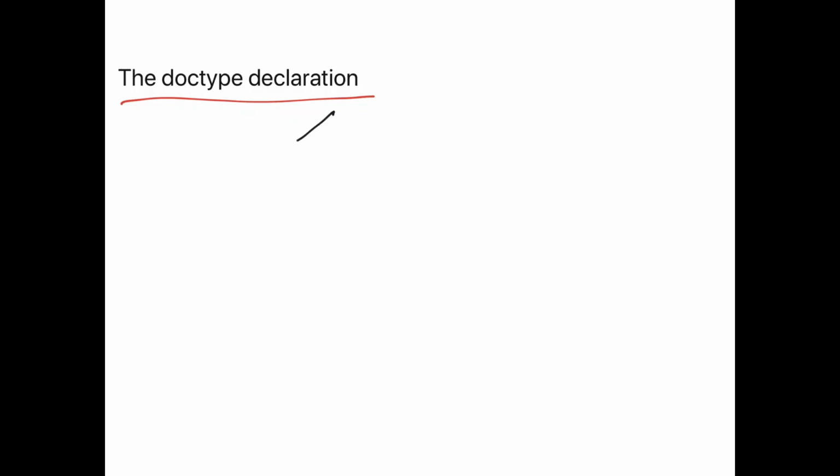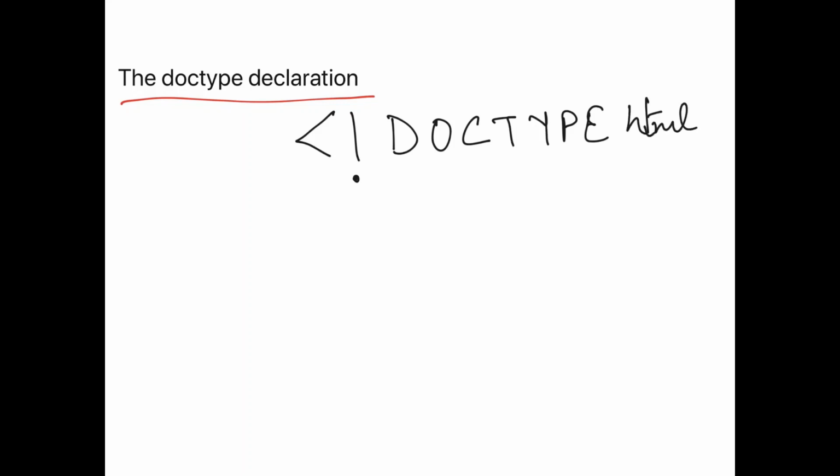It is like this: DOCTYPE, it has to be in capital, and then html, which you have to write in smaller form. So this is your Doctype declaration. Now, why are we doing this? What is the use of it?